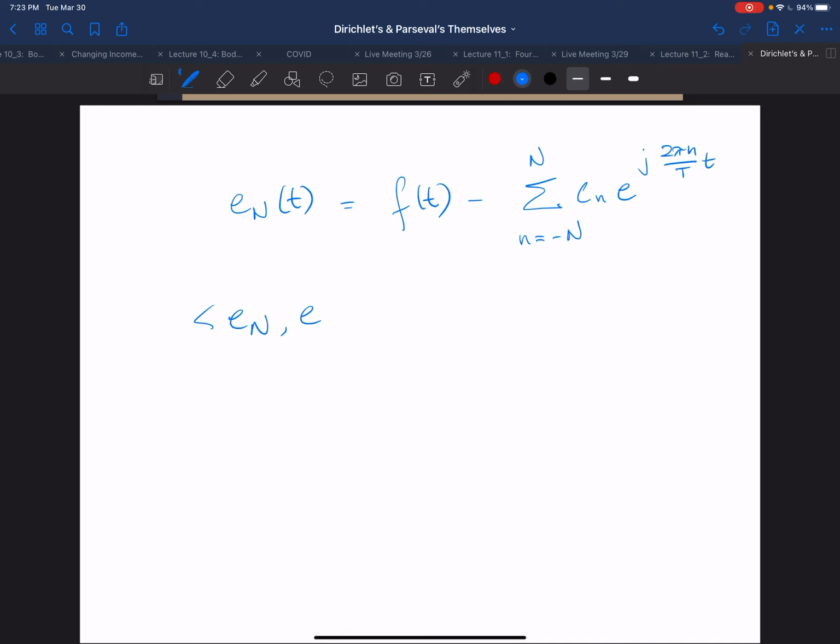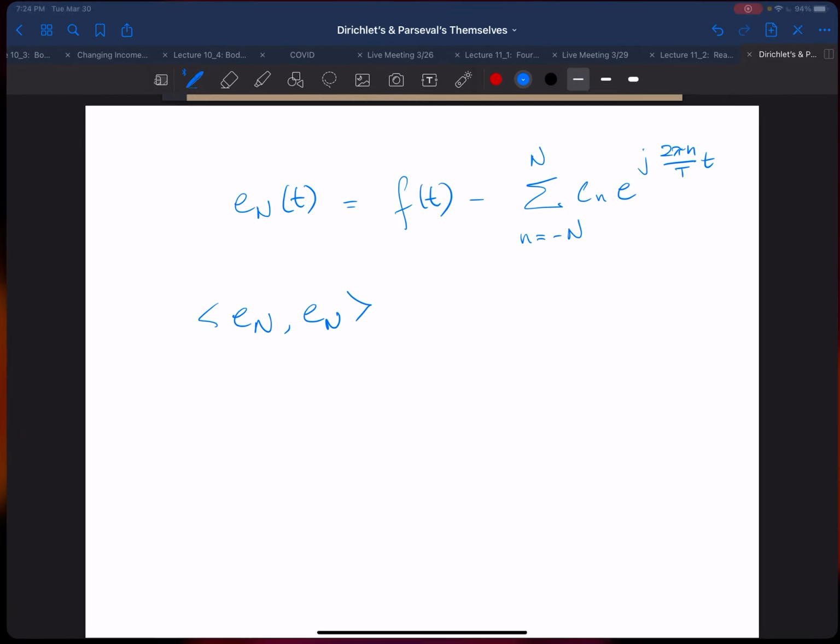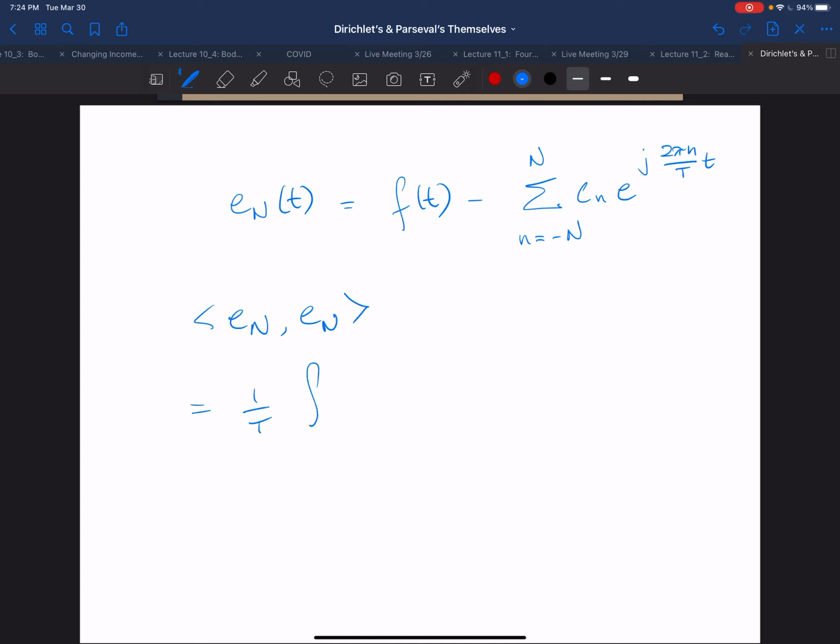If you recall, this just means we take E sub N, multiply it by its complex conjugate, so that just gives the modulus squared of E sub N. Then we integrate it over one period from minus T over 2 to T over 2, and divide by T to get the average. We could write that out. Okay, so this will give us the average power in our error signal.